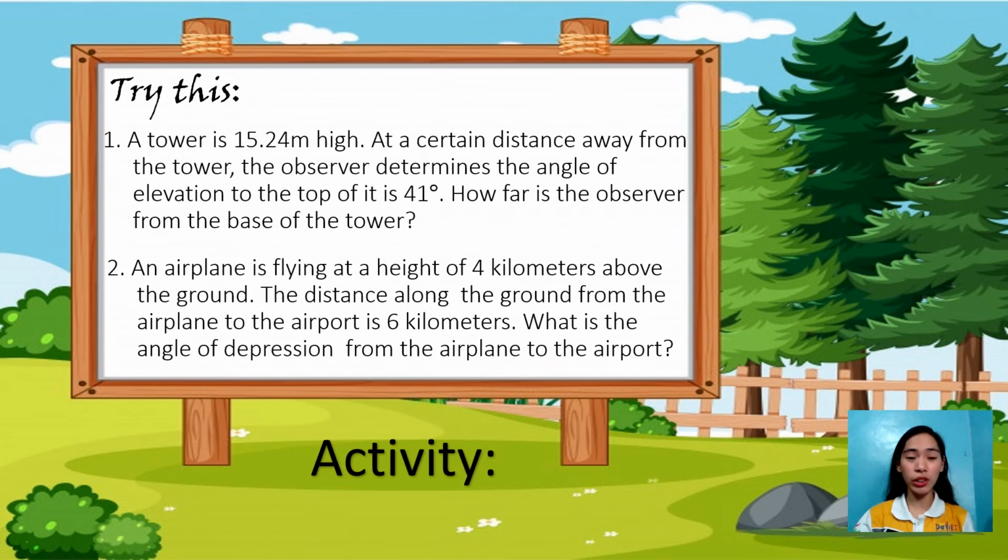And the second question: an airplane is flying at a height of 4 kilometers above the ground. The distance along the ground from the airplane to the airport is 6 kilometers. What is the angle of depression from the airplane to the airport? You can pause this video to answer these problems.